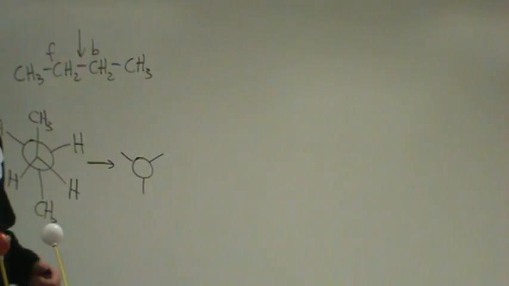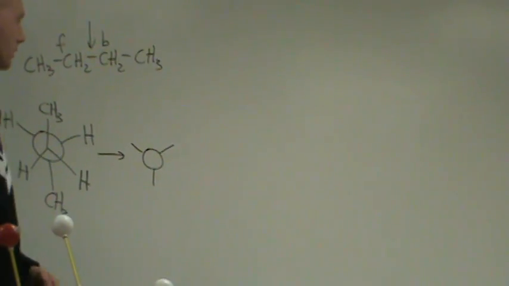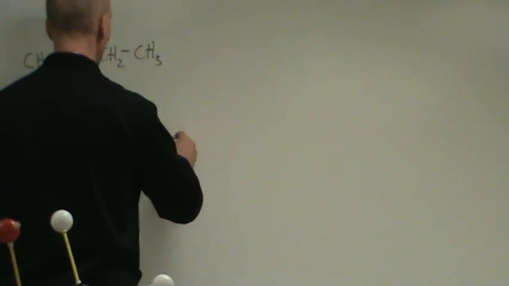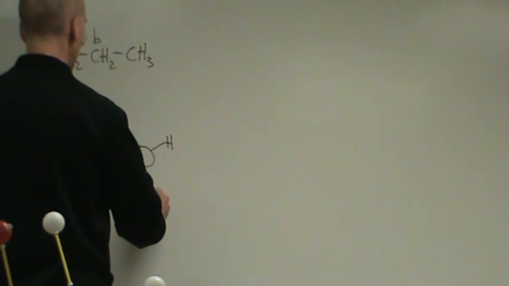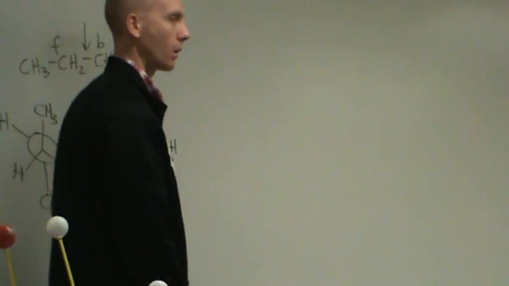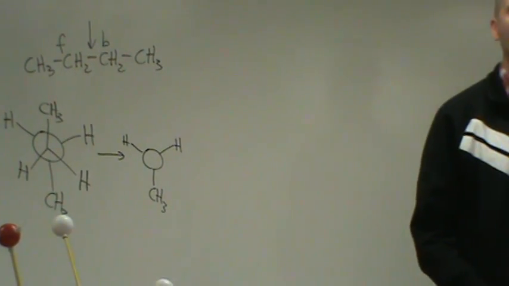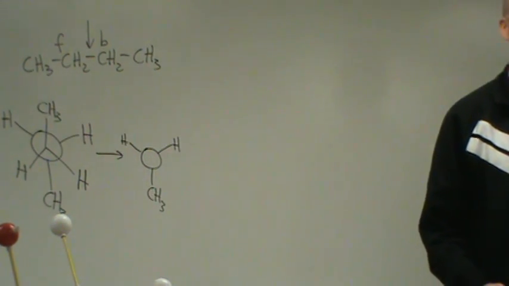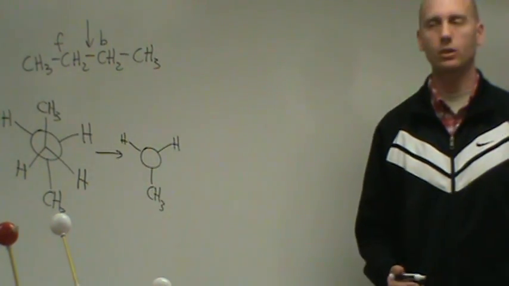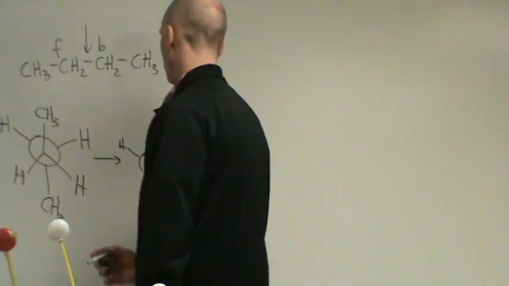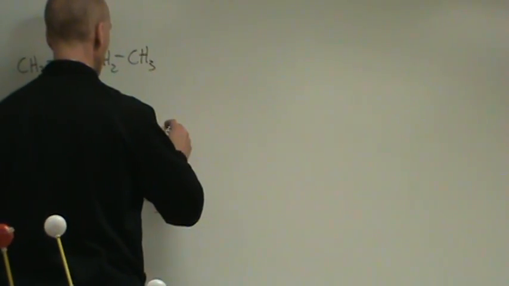Okay, so remember, you keep the back carbon the same. You always have to have a reference point. If I move the back carbon, then it wouldn't make sense. But I do move the front carbon, those bonds.